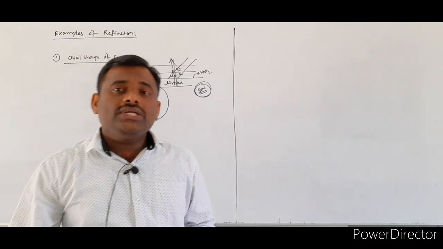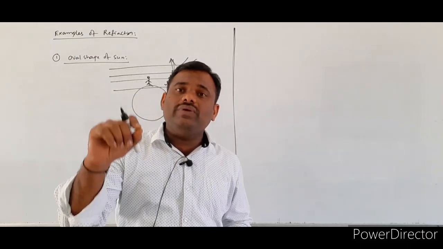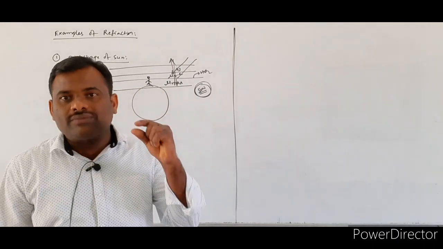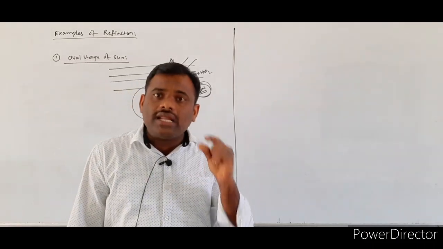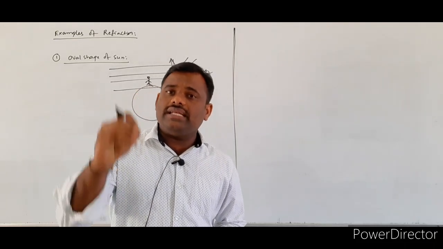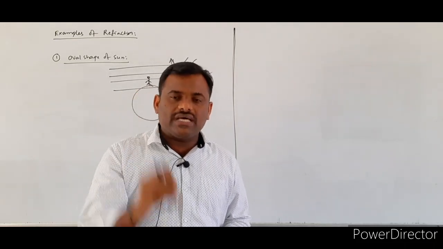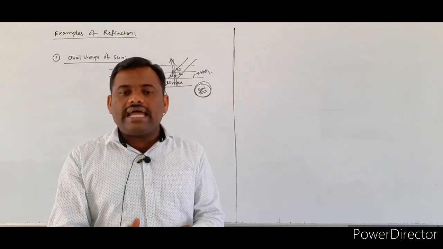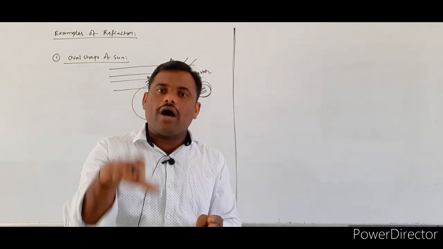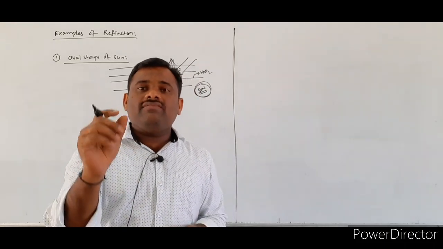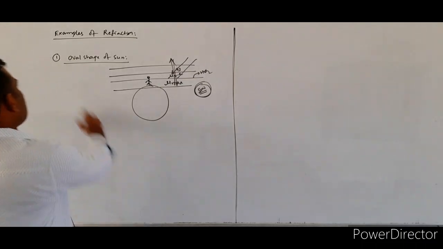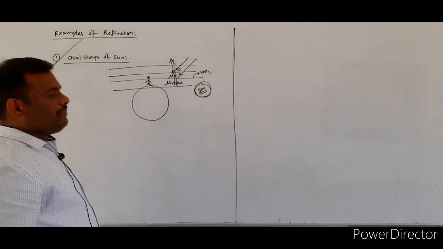What is the reason? Due to the change in refractive indices of the Earth's atmosphere, the light rays undergo different refractions. These different refracted light rays are received by the observer, so he feels that the sun becomes wider at the center and flat at the top, and appears in the form of an oval shape. So this is the reason behind the oval shape of the sun.